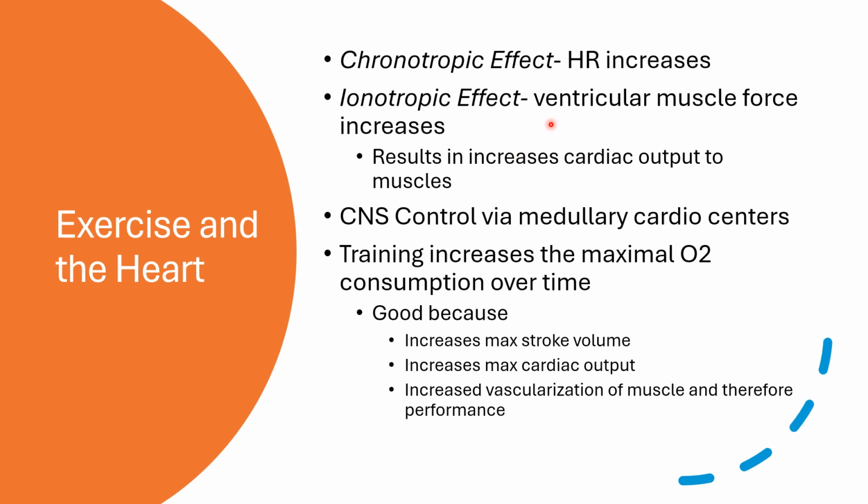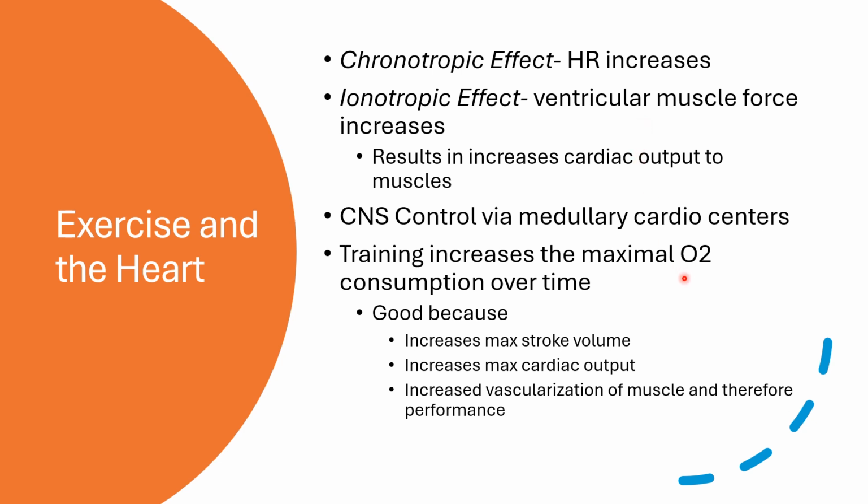The stronger your heart is, the lower the afterload is, the less difficult it is for it to increase the cardiac output without using up your energy. So the more you use your heart, the stronger it gets, the lower the afterload, the higher the cardiac output to the muscles, and the stronger you are.